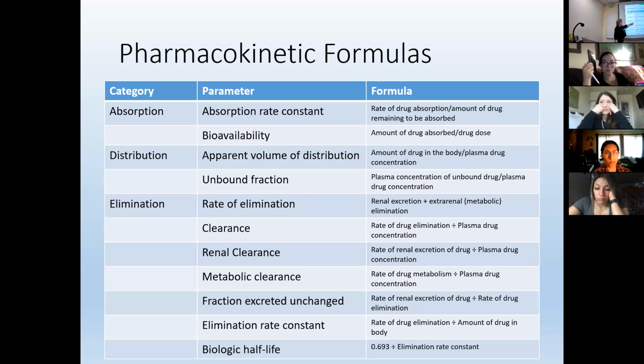Also, clearance gives us an idea of whether or not our systems involved in getting rid of what we don't need are working. Every neurotransmitter has a byproduct, every drug has a byproduct, and the body needs to be able to get rid of those. So we look at clearance.